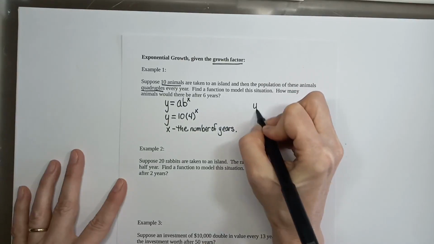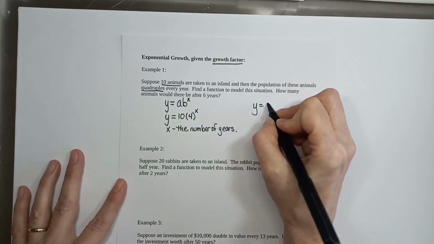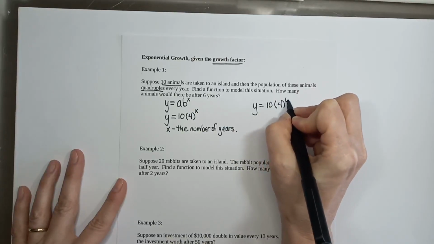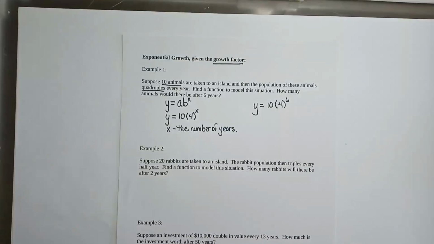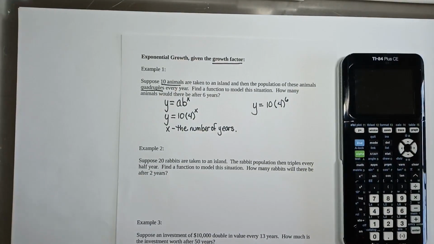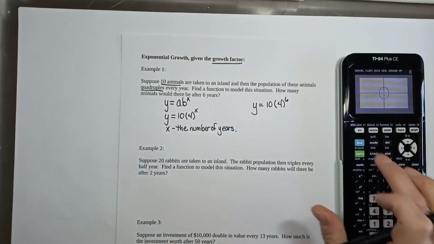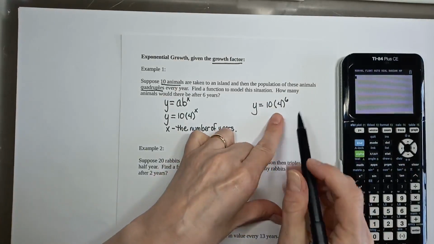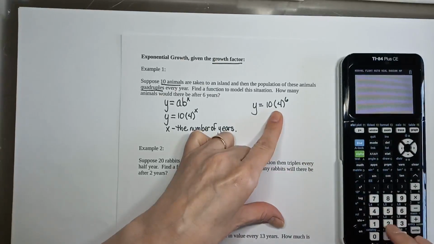You will have y equals 10 times 4 to the 6th power. This is where we're going to grab our calculator. Okay, let me clear my window. We're going to start always, remember, with the exponent. So 4 to the 6th power times 10.